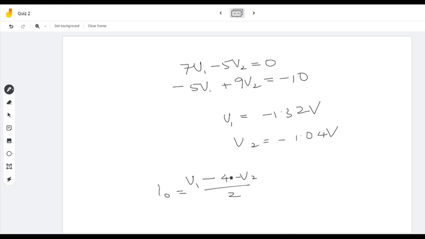Alright, so you plug into your calculator. Okay, so you do minus 1.32 minus 4, and then minus minus 1.04. Don't forget to divide by 2.